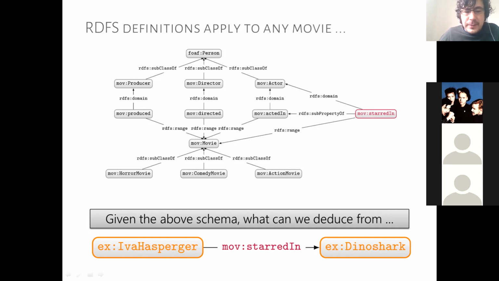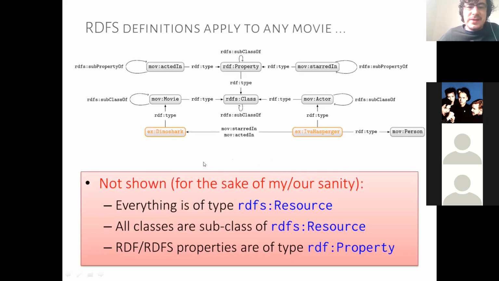So in this case, we have Eva Hasberger starred in Dino Shark, for example. And whatever movie we use the schema for, we can derive similar conclusions. It's the same conclusions, just that instead of Sharktopus we have Dino Shark, and instead of the actor we had previously, we'll have Eva here. And the conclusions will remain the same. Okay.